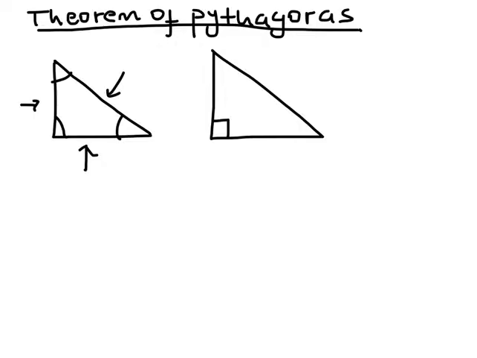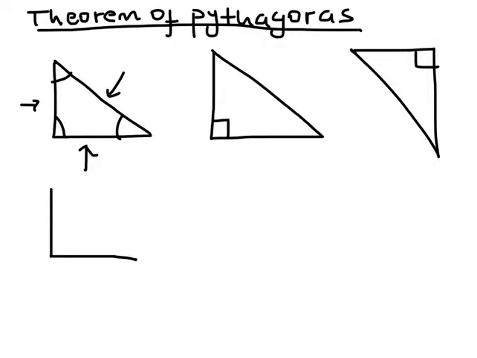It doesn't matter how it is positioned, as long as it has this, then we know it is a right-angled triangle.